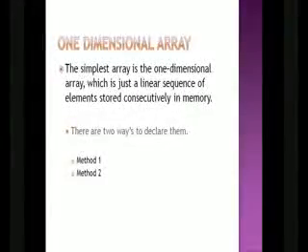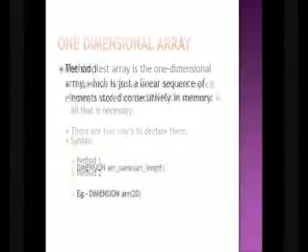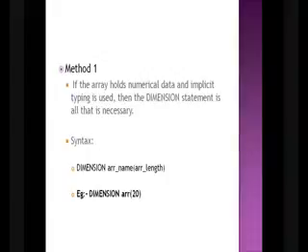The simplest array is the one-dimensional array, which is just a linear sequence of elements, stored consecutively in memory. There are two ways to declare them. Those methods will be discussed in coming slides. If the array holds numerical data, and implicit typing is used, then the dimension statement is all that is necessary.